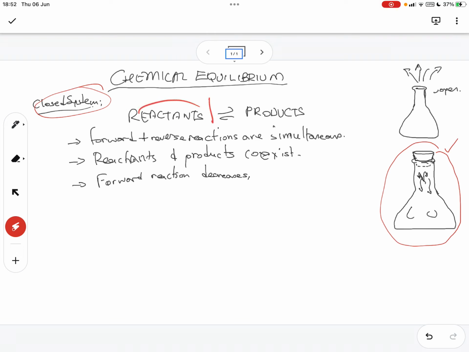So what that means is, as this reaction progresses, as this forward reaction happens, the quantity of reactants decreases. But as that decreases, the quantity of products must increase.